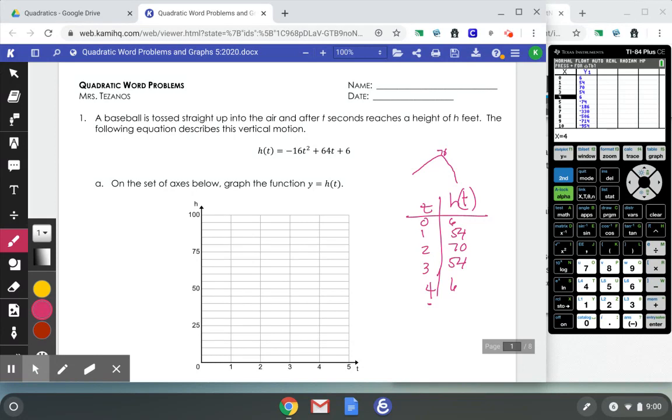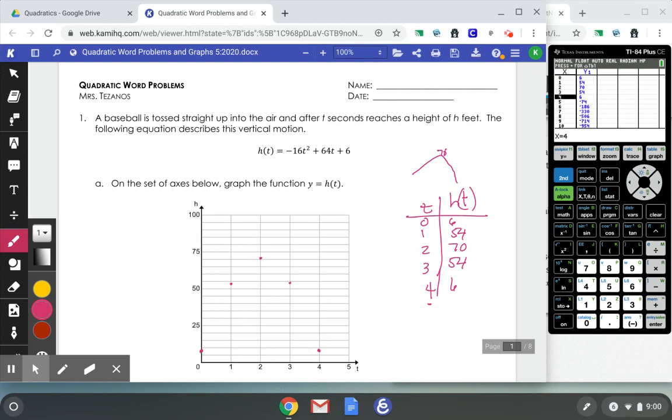All right, so I'm going to plot this. 0, 6, 1, 54, 2, 70, 3, 54, and 4, 6.